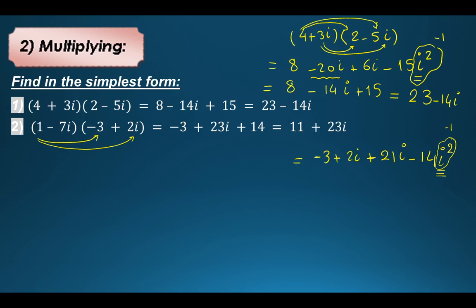So the answer will be negative 3 left over, 2i plus 21i is equal to 23i, and negative 14 multiplied by negative 1 is equal to positive 14. Collecting like terms, negative 3 plus 14 is equal to 11, plus 23i. So the final answer will be 11 plus 23i.